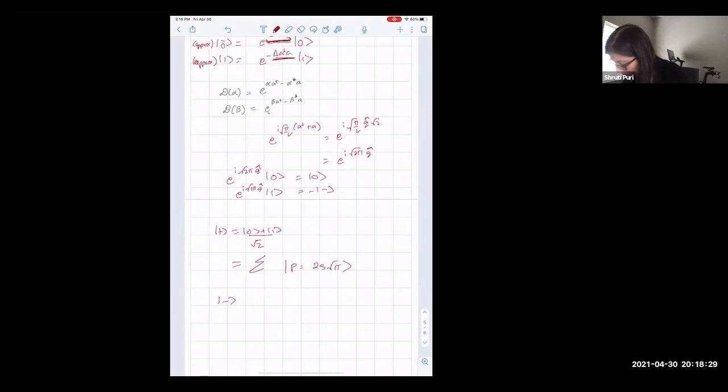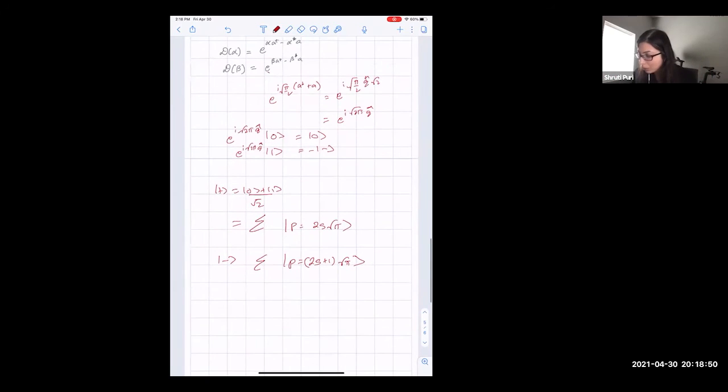And the minus state is P equal to 2s plus 1 square root of pi. I think this is right, but if somebody among the panelists knows I've written something wrong, please let me know. But yeah, the plus and minus states now become eigenstates of P.